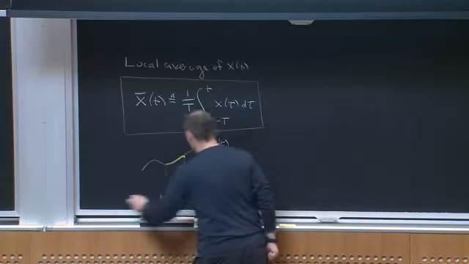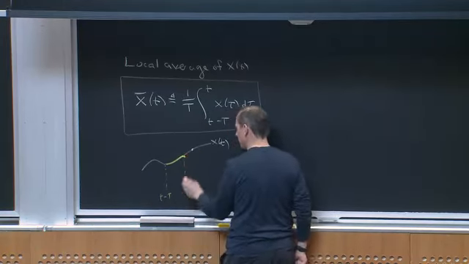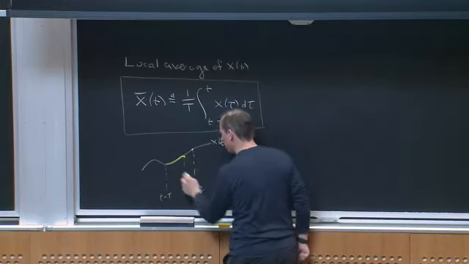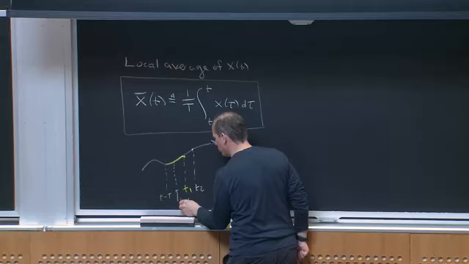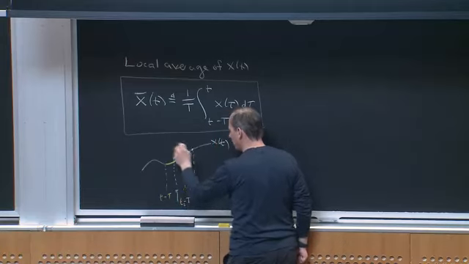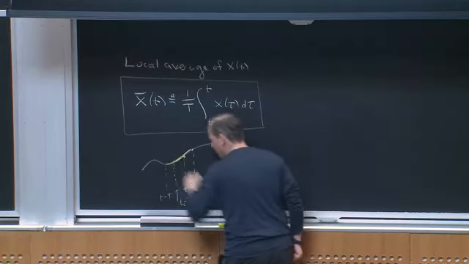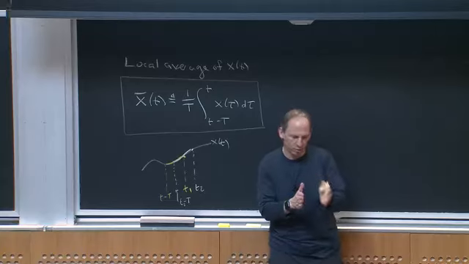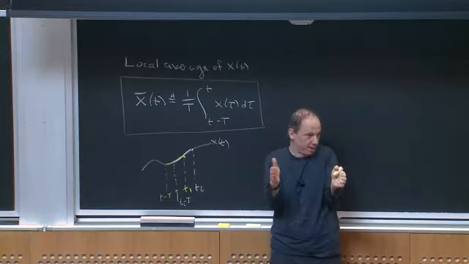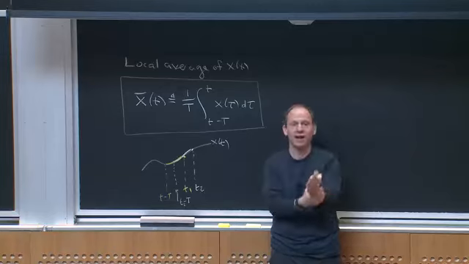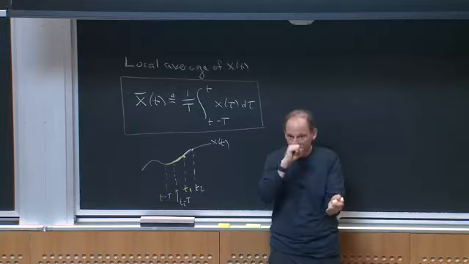And then if I'm at some other time, T2, I'd go back one cycle. And this is T2 minus capital T. And I'd look at the average over this time period, et cetera. So at any given point, I'm going to look at what I've been doing over the last capital T, okay, and take that average. Why am I doing that?